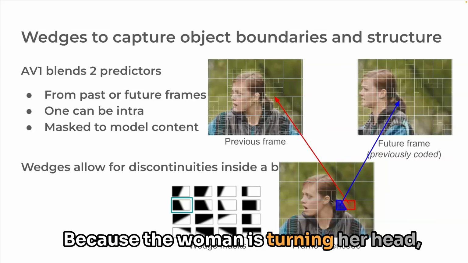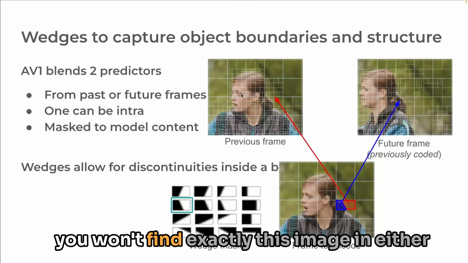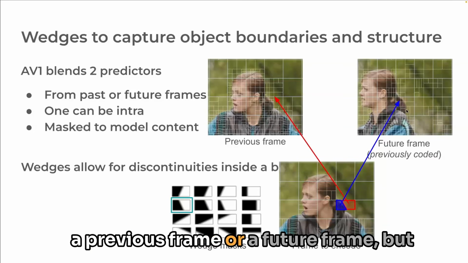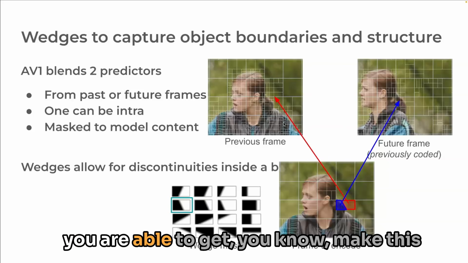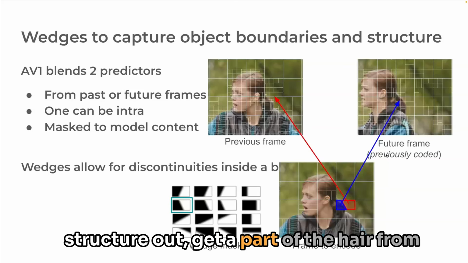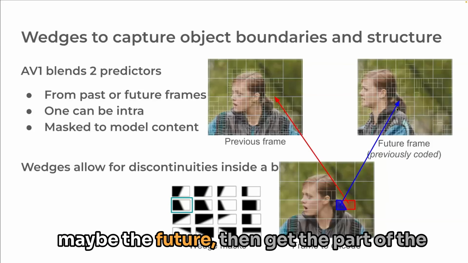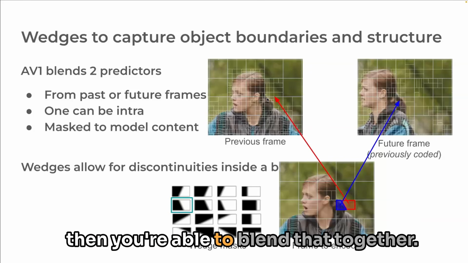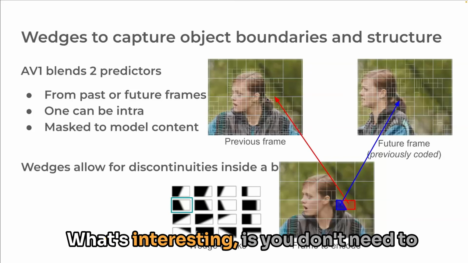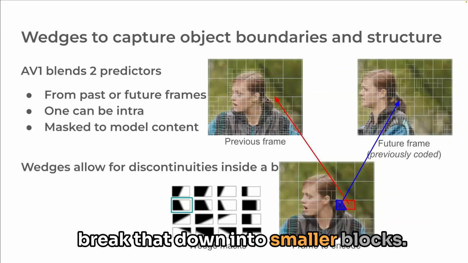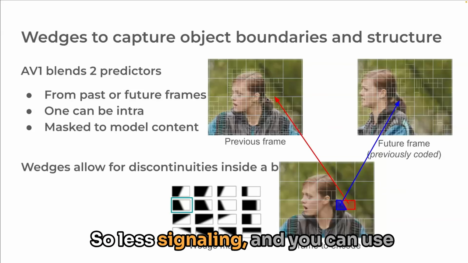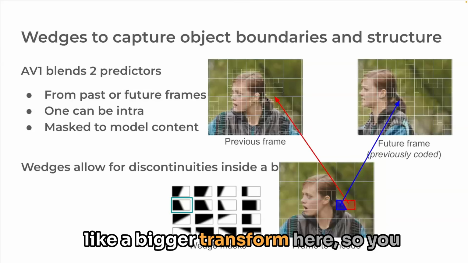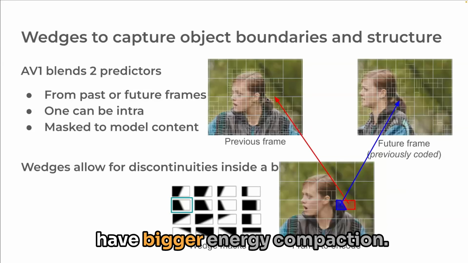Because the woman is turning her head, you won't find exactly this image in either a previous frame or a future frame, but you're able to make this structure out, get a part of the hair from maybe the future, then get the part of the background from maybe the past, and blend that together. What's interesting is you don't need to break that down into smaller blocks, so less signaling, and you can use a bigger transform here, so you have bigger energy compaction.